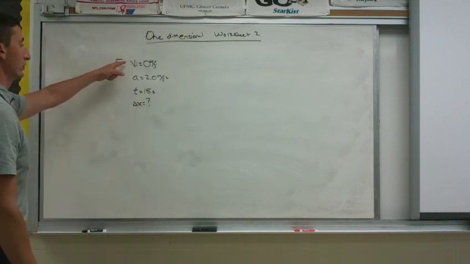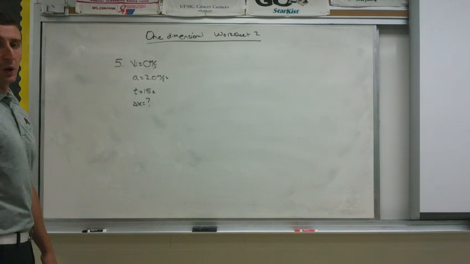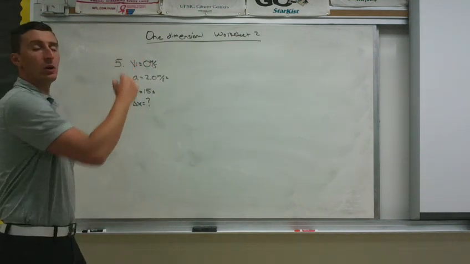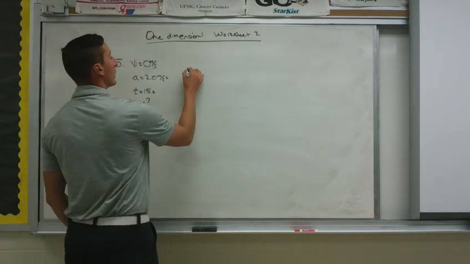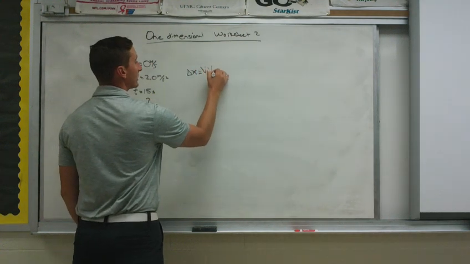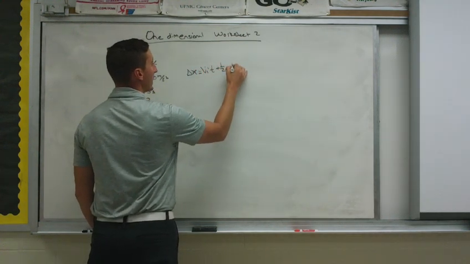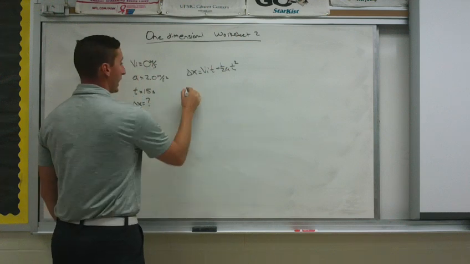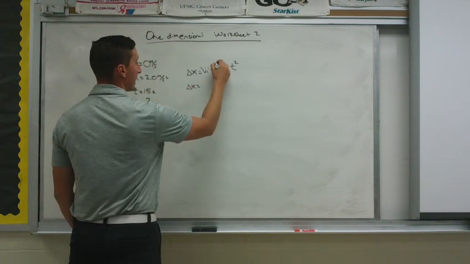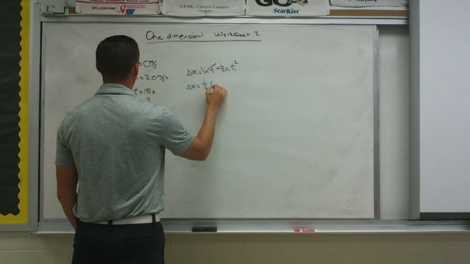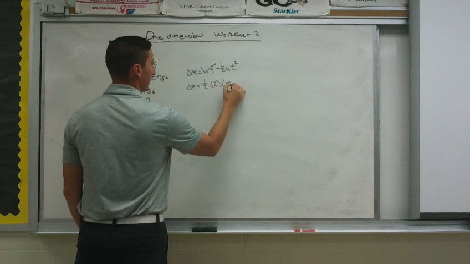Here are our values. We need to figure out which equation. Look at your equation sheet. Which one has all 4 in there? Oh, it's this one: delta x equals VIT plus 1/2 AT squared. VI is 0, which cancels that out. Delta x equals 1/2 A times 15 squared.